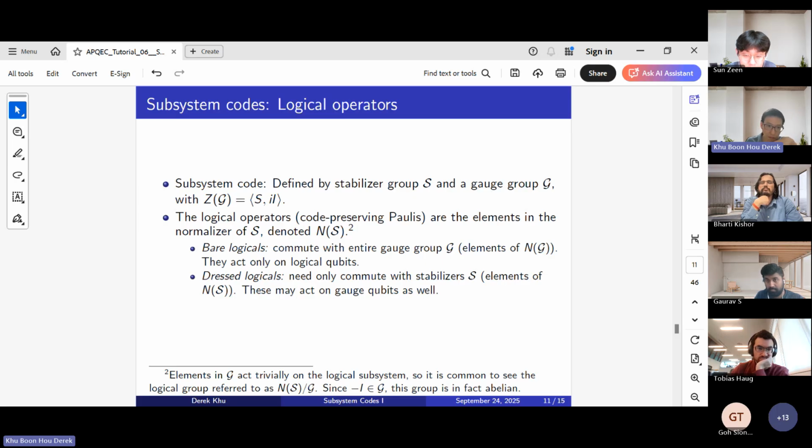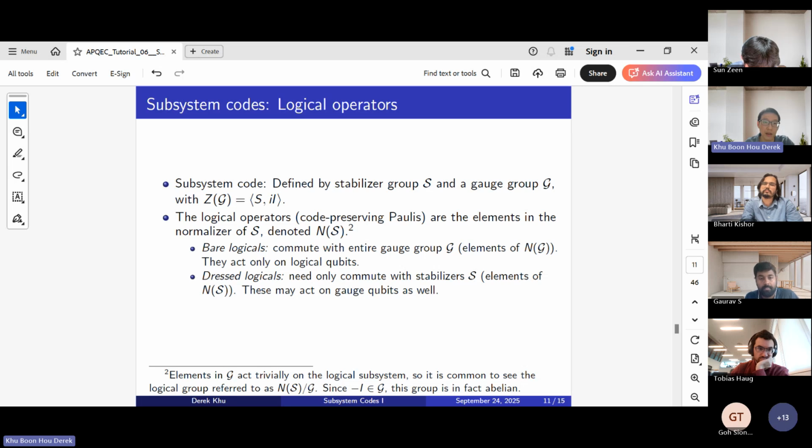But in practice, when we say logicals, we really just mean these dressed logicals, because typically we don't care about whether the gauge subsystem is being messed up or not. But this is just something that you might encounter in the literature.